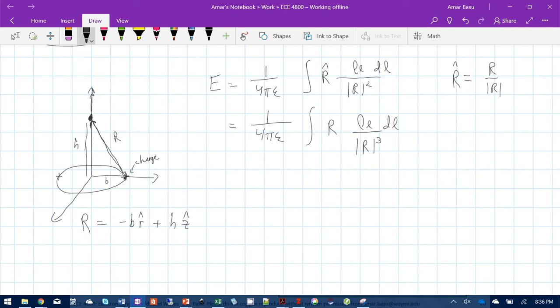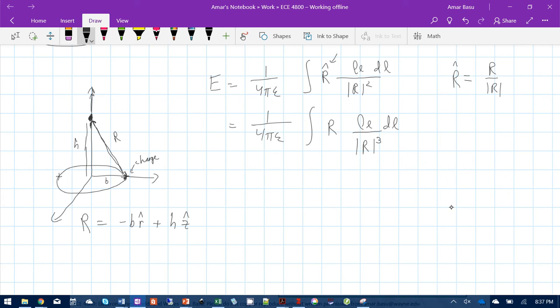R is the vector that points from the charge to the observation point. That's what this R defines. We don't want to get confused with variables.